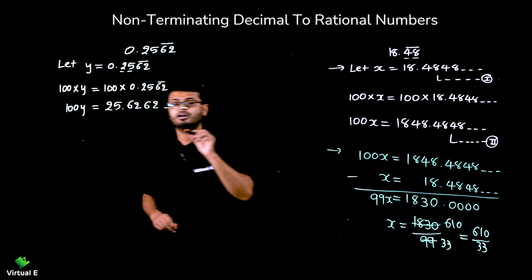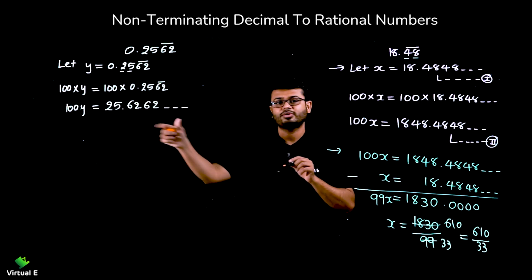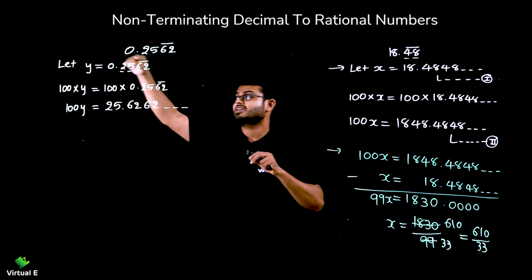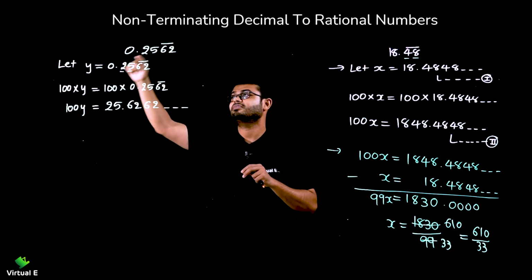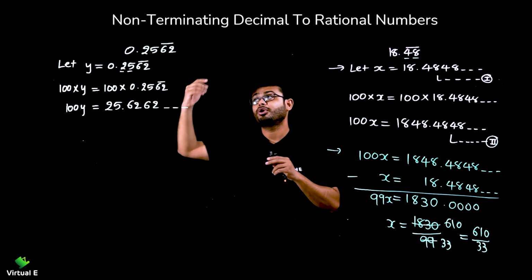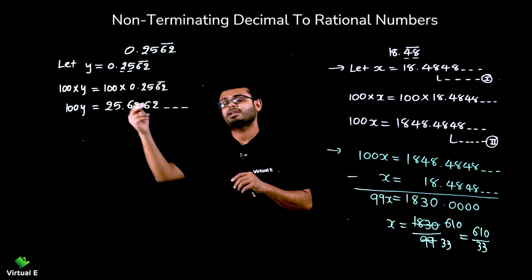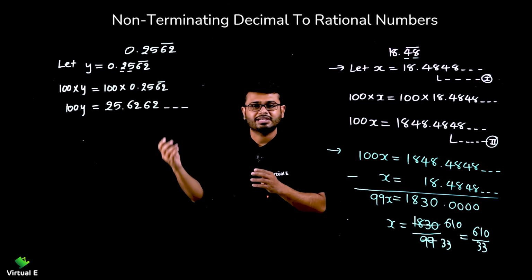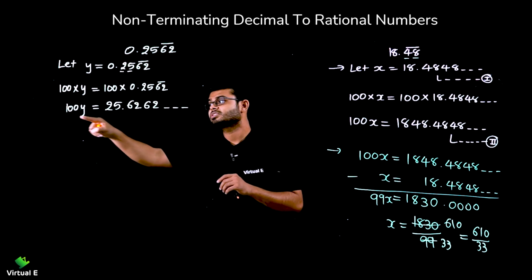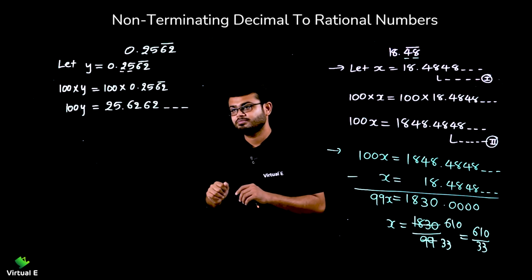Now see, our sum is starting from this point only, right? This is the extra step we need to do. If there are 3 numbers which are not under the bar, then we will be multiplying with 1000. One number, multiply with 10. It doesn't matter, right? So this is where we are going to start our sum from.